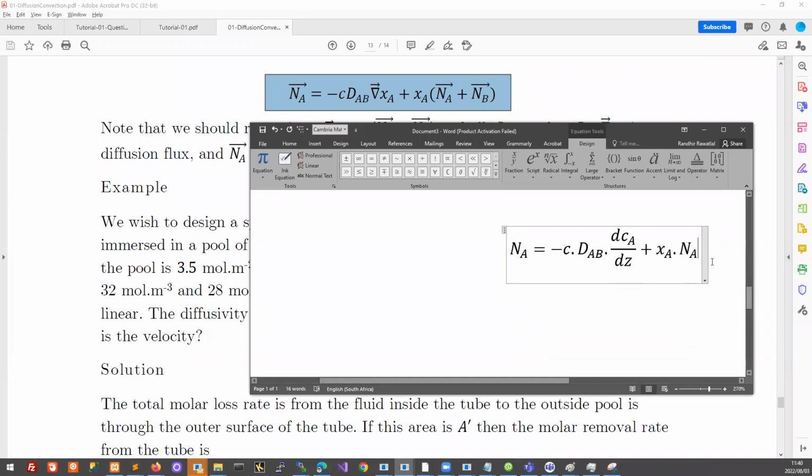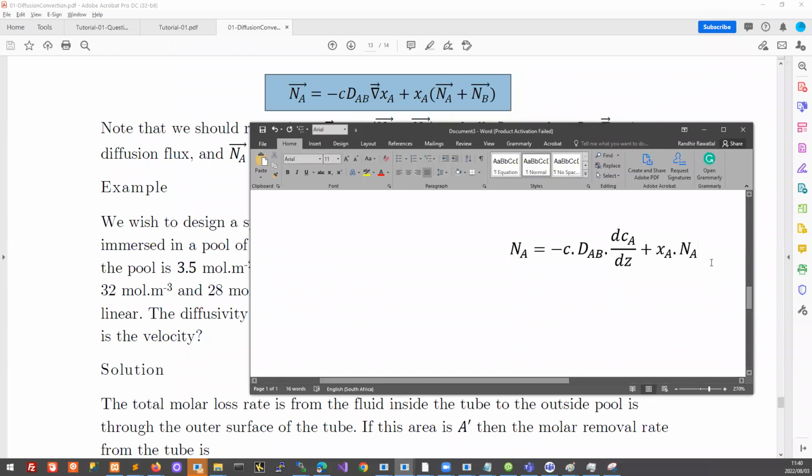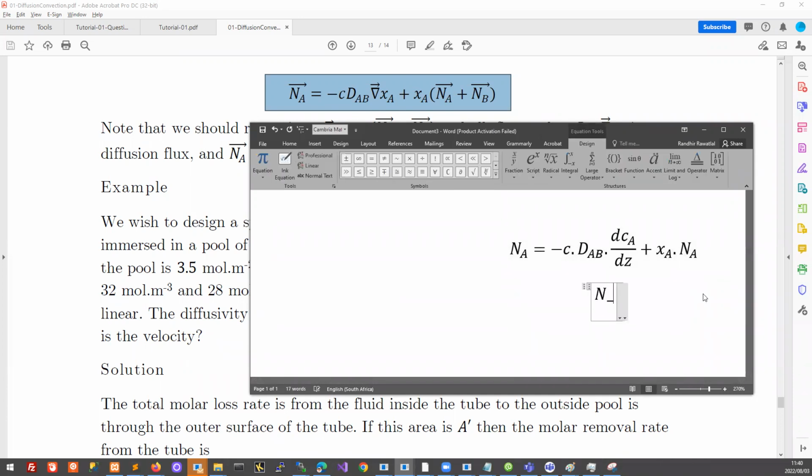So that's our equation if B is stagnant. And we can now propose to group the NA together. So we can say NA on the left-hand side, we've got a 1 there, and then we can take this term across. So we've got minus XA here.